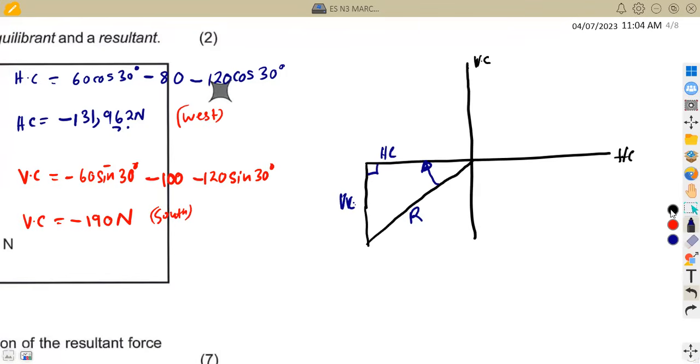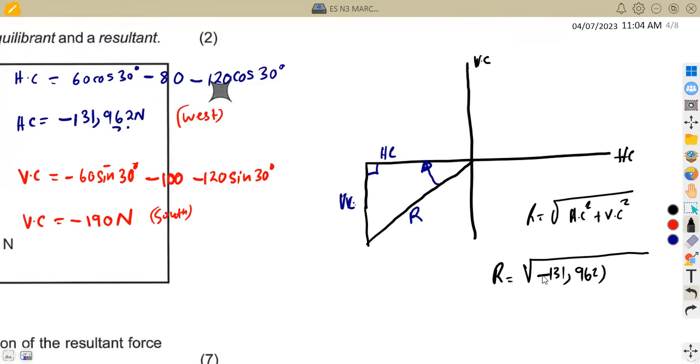The resultant from the vertical and horizontal: we understand that the resultant is going to be the square root of the horizontal component squared plus the vertical component squared, or you can write this as the square root of Fx squared plus Fy squared. So our resultant is going to be the square root of our horizontal, negative 131.962 squared, plus the vertical component, negative 190 Newton squared.